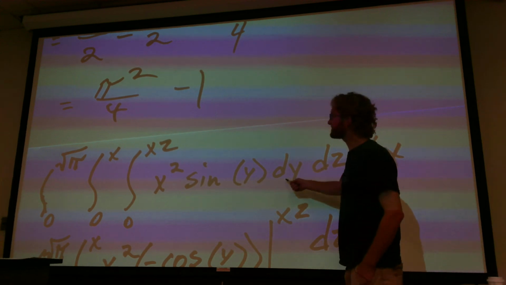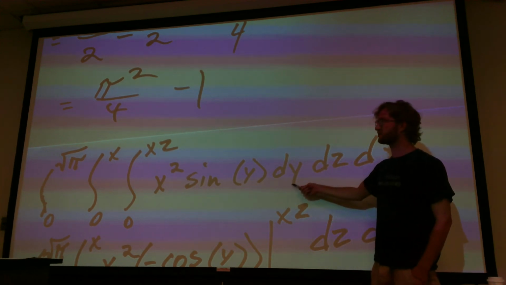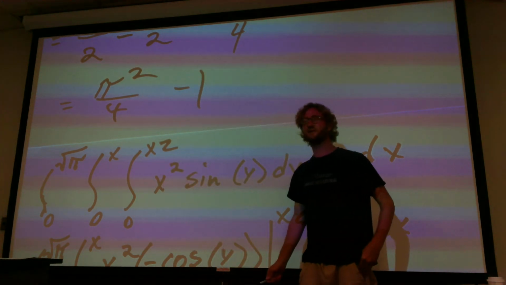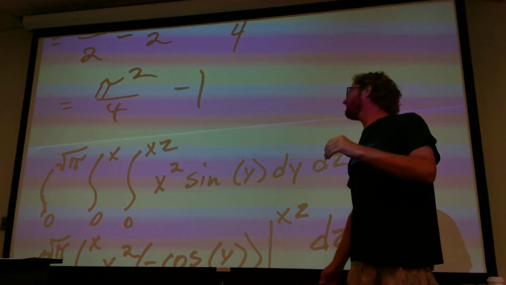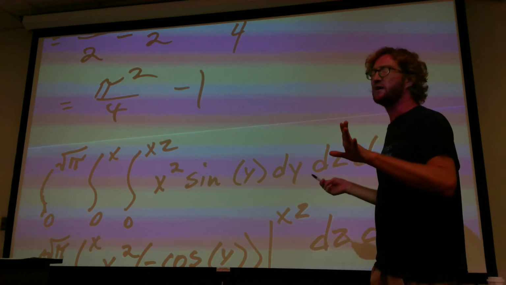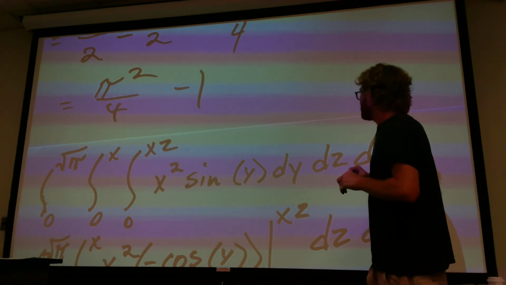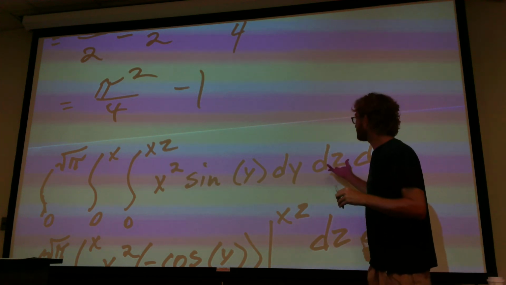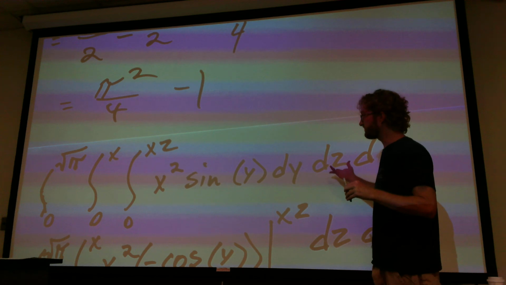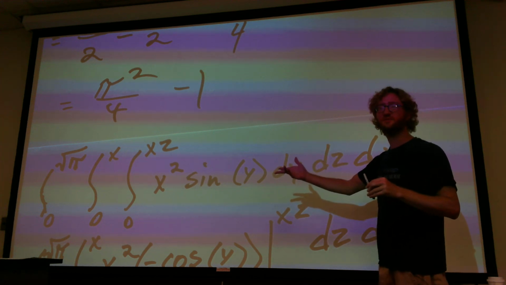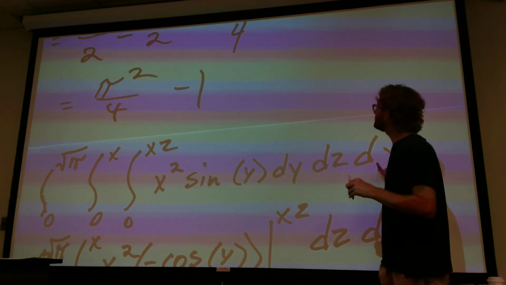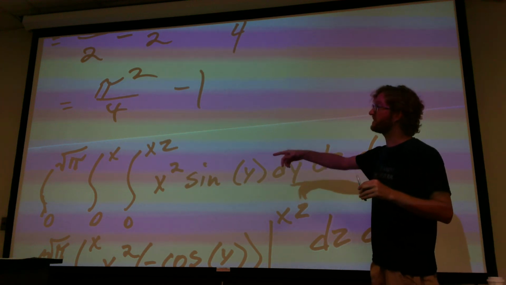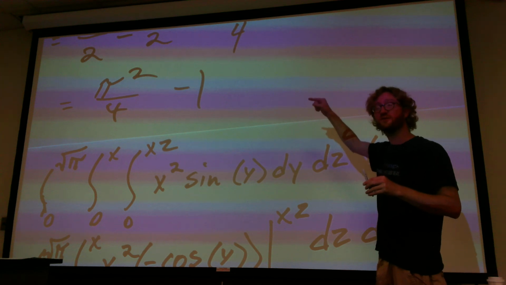Now, since I began the problem as an integral with respect to y, I needed my boundaries to be a function of x and z. It doesn't have to be, it could just be a function of x or a constant, whatever. Once I integrated with respect to y, then if I'm going to do a dz, I have to have my boundaries in terms of x, so that when I finally do the dx portion of the problem, I can just plug numbers in and actually get to an answer.